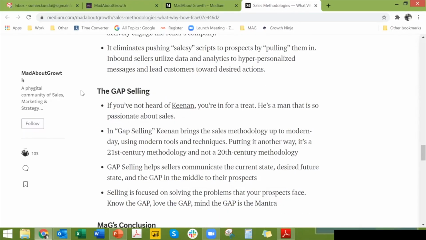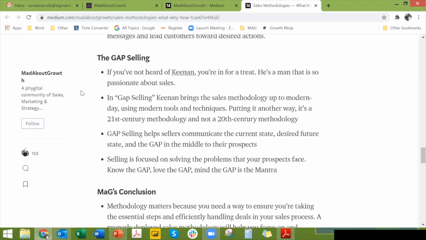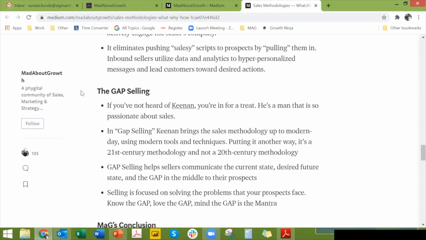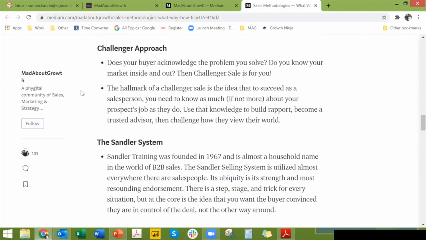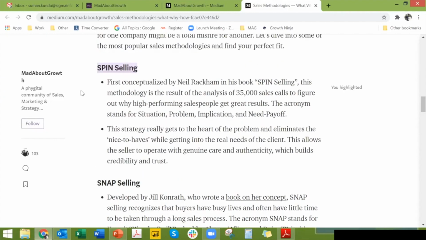Gap selling is, as the term indicates, that you understand what the current state of your prospect is, what the desired future state is, and how your product fills in that gap to take it from the current state to the desired future state. So these are the sales methodologies that we have worked on as a team at Mad About Growth.